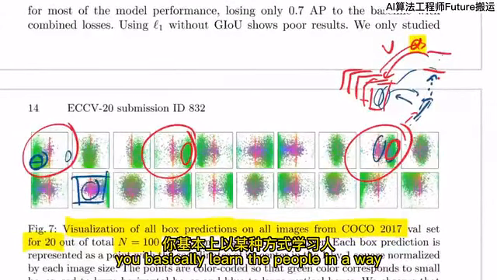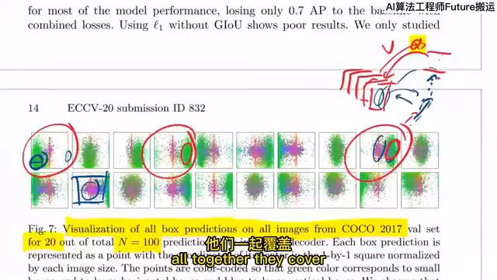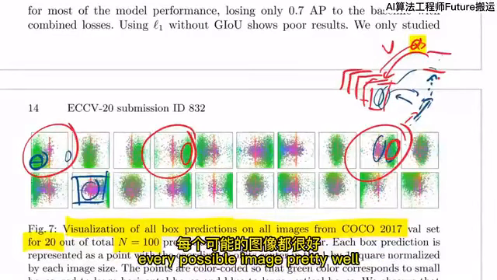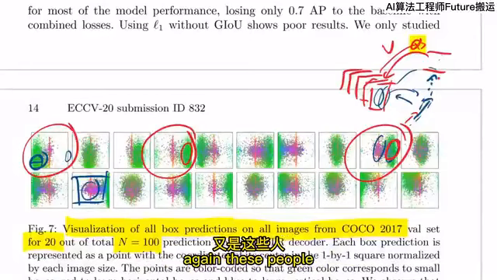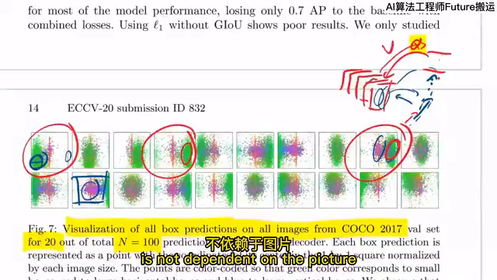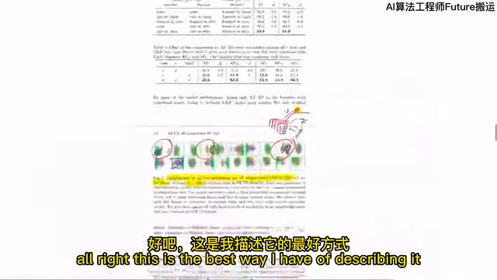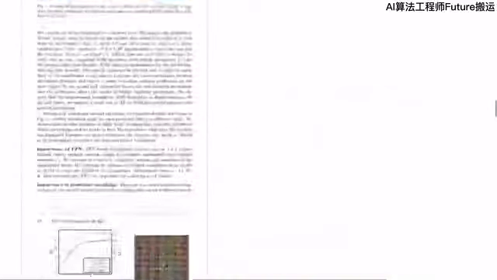And since you have the different people here that ask different questions, you basically learn the people in a way such that across the data set, they cover every possible image pretty well. Again, what these people are interested in initially is not dependent on the picture. You simply learn this in a global manner. All right? This is the best way I have of describing it.